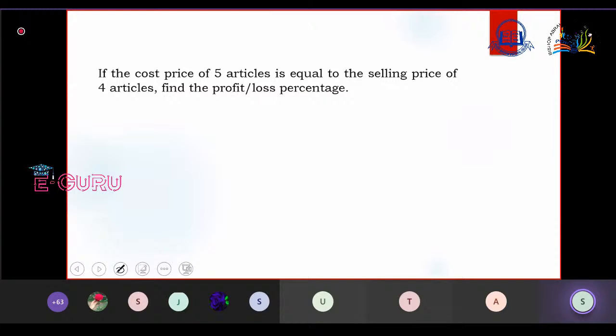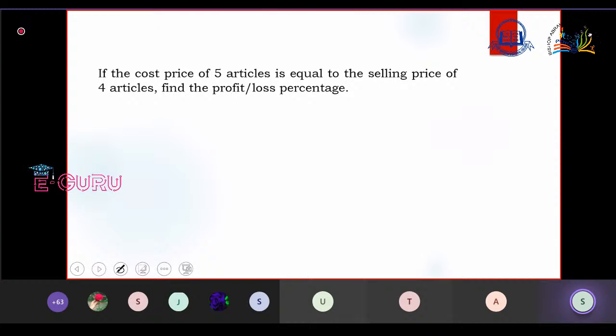That's it. Now, a profit and loss type problem. Again, the application of percentage is only there. Here it is given that the cost price of 5 articles is equal to the selling price of 4 articles. Find the profit or loss percentage. We can do it in many ways.